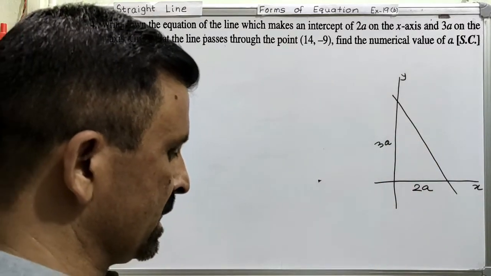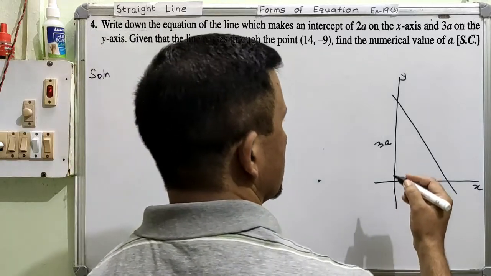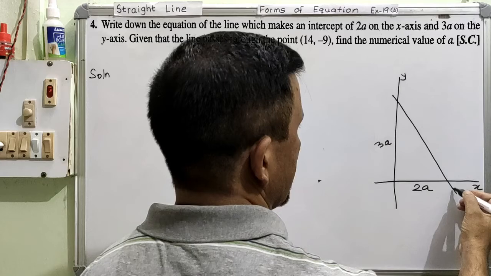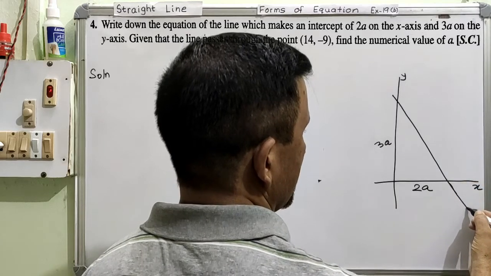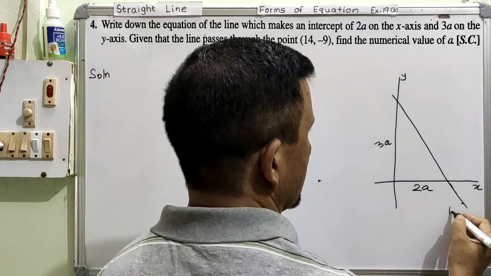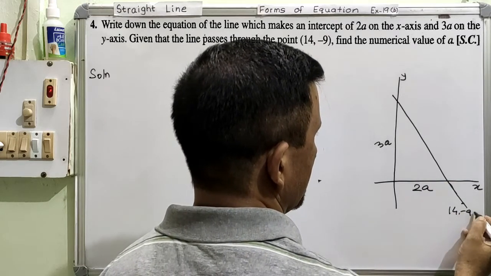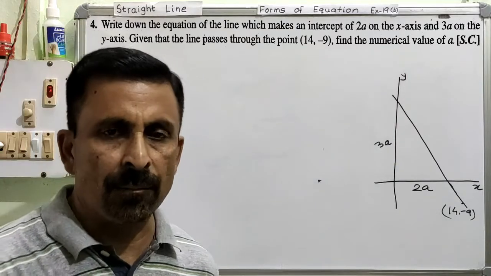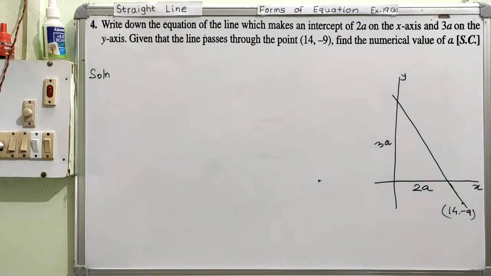And then it passes through a point which is 14 and minus 9. That means that point will be somewhere here in this coordinate. Anywhere, it can be anywhere, but it is on the line, that is important. Is this okay? So you have to find the numerical value of A.